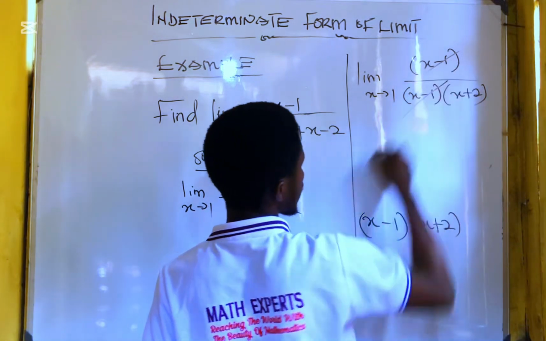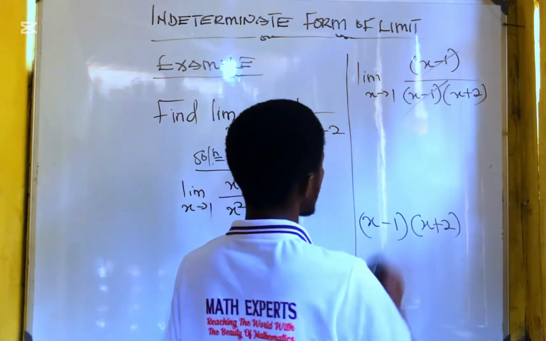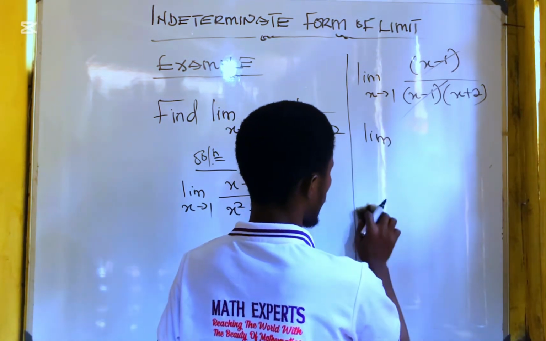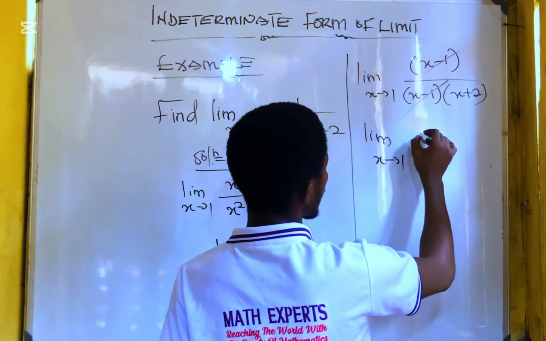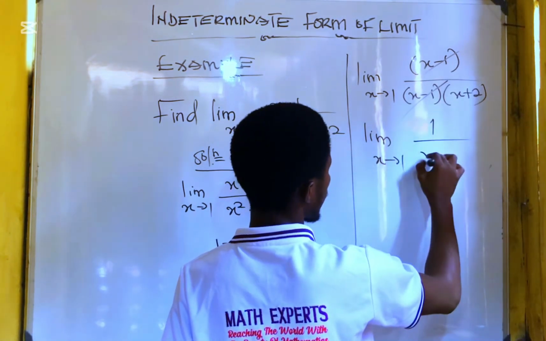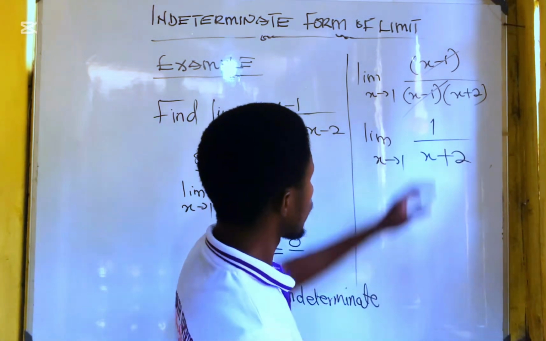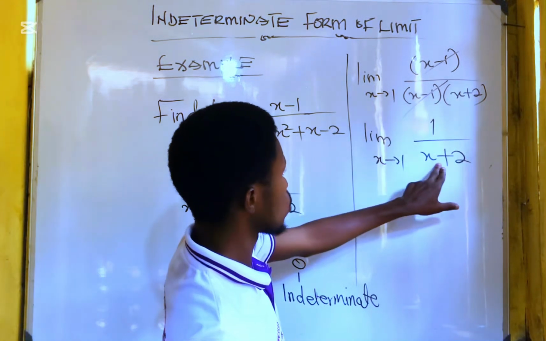You see this and that are the same, so they will cancel. When this cancels out, you are now having the limit as x approaches 1. So here you have only 1, then you have x plus 2. So this can go into itself, leaving 1 there, isn't it? So we have x plus 2.